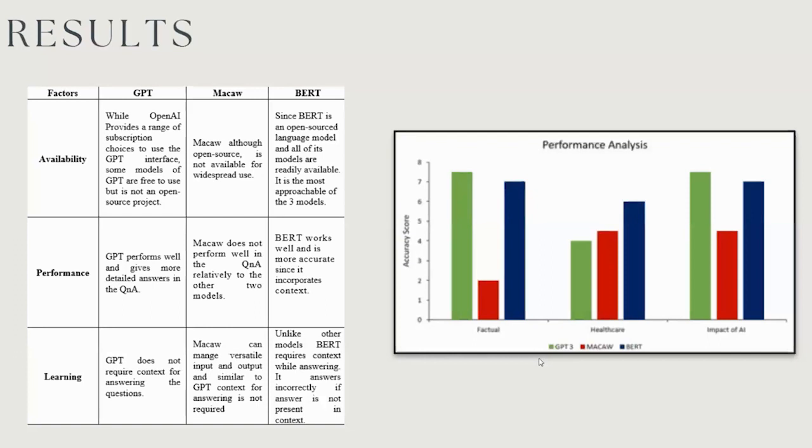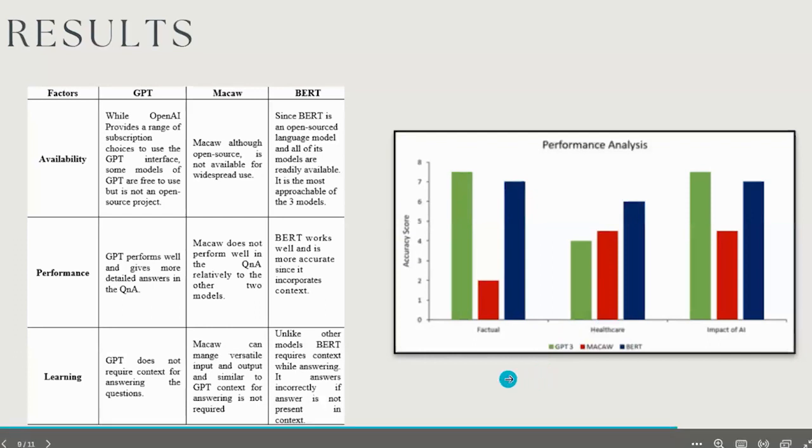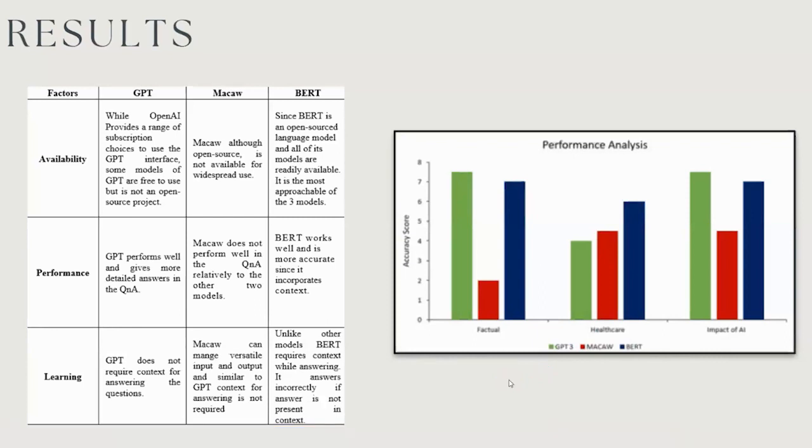Now, as we can see in the graph, we have factual questions, healthcare questions, and impact of AI. GPT-3 is given by the green graph, BERT is given by blue, while Macaw is given by red. GPT-3 is performing well on factual questions.